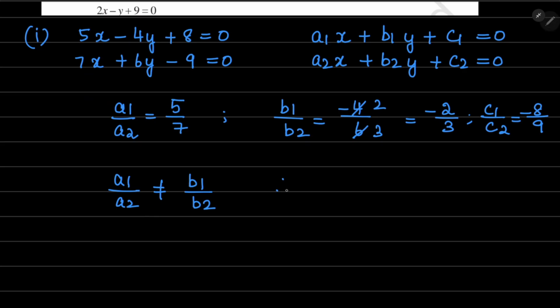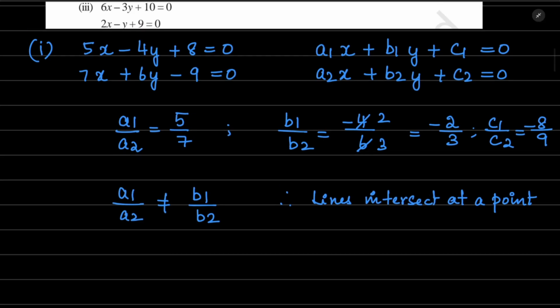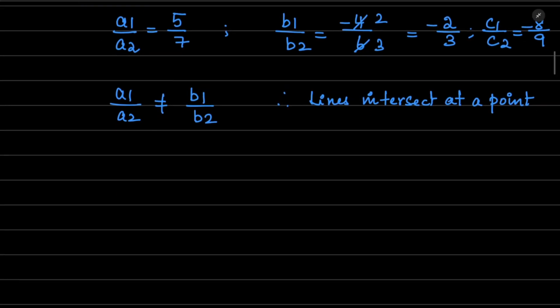So here you can write, since a1 by a2 is not equal to b1 by b2, therefore the lines representing this particular pair of linear equations intersect at a point. This is what you will conclude whenever you have a1 by a2 not equal to b1 by b2. This is how you have to do it, right?